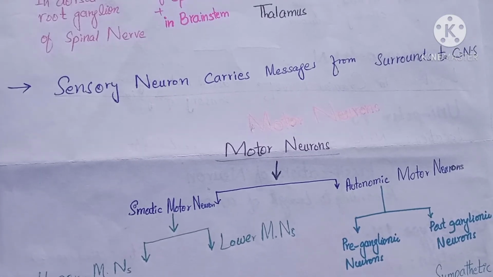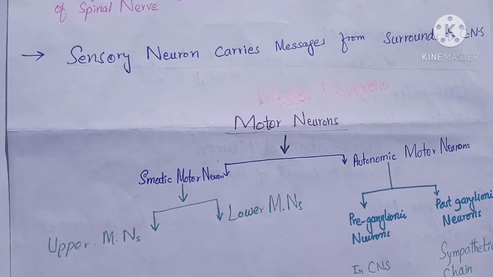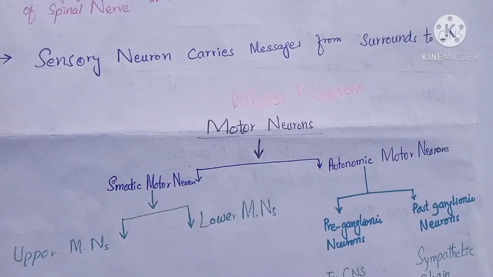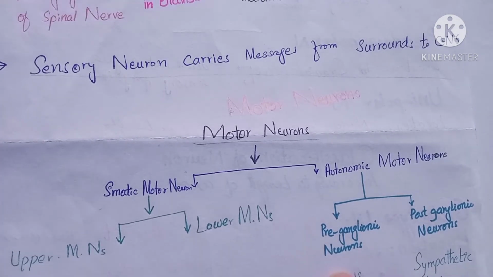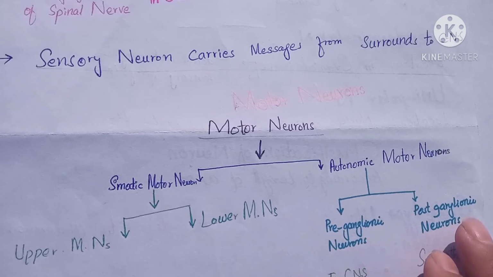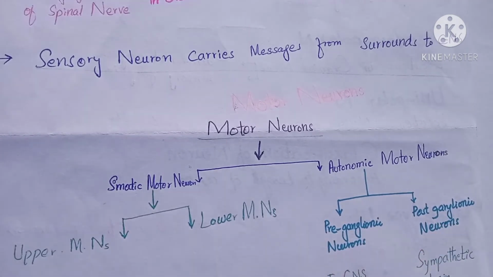Somatic motor neurons are further divided into two parts: upper motor neurons and lower motor neurons. Autonomic motor neurons are also divided into two parts. The first is preganglionic neuron, pre meaning before the ganglion, and postganglionic neuron, meaning after the ganglion.